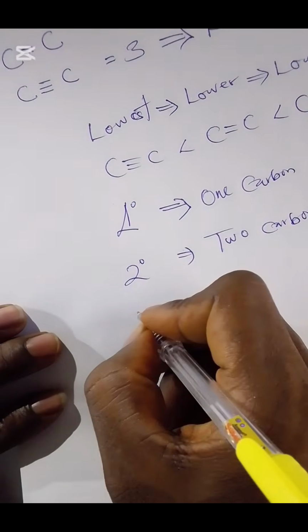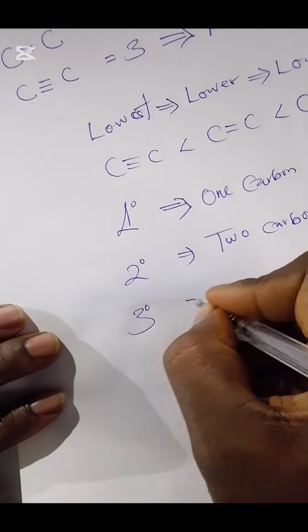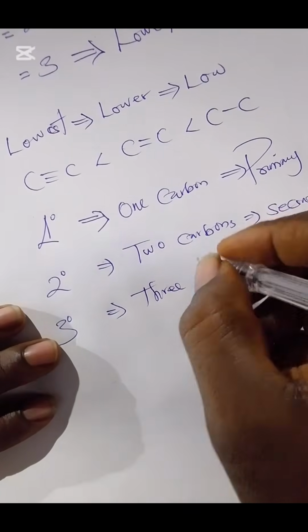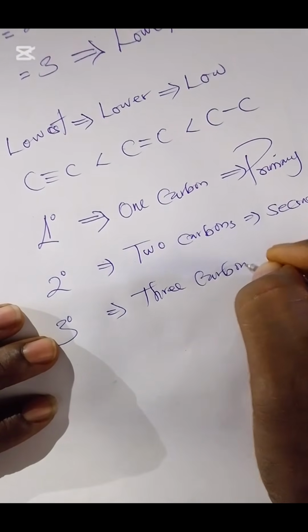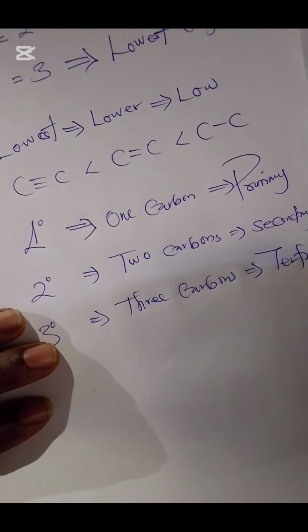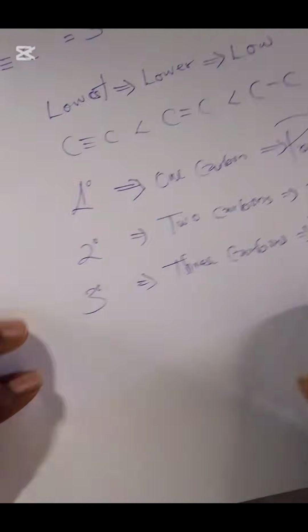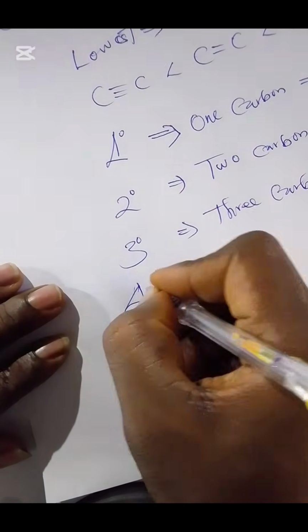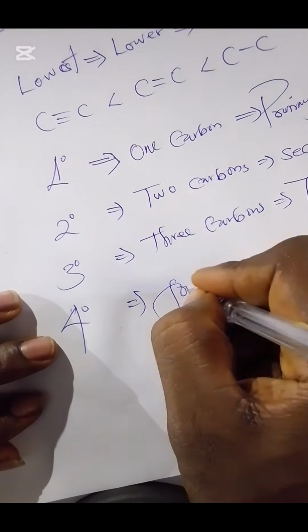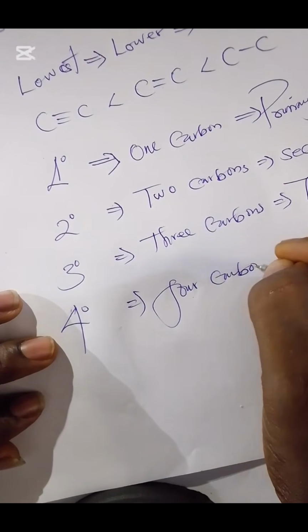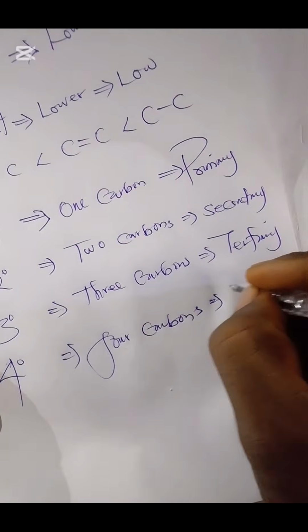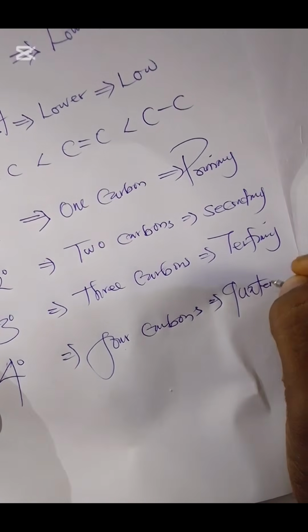Also we have degree 3 carbon. So this is bonded by only three carbon atoms, which is called tertiary. Also we have degree 4 carbon. So this is bonded by 4 carbon atoms, and this is called quaternary.